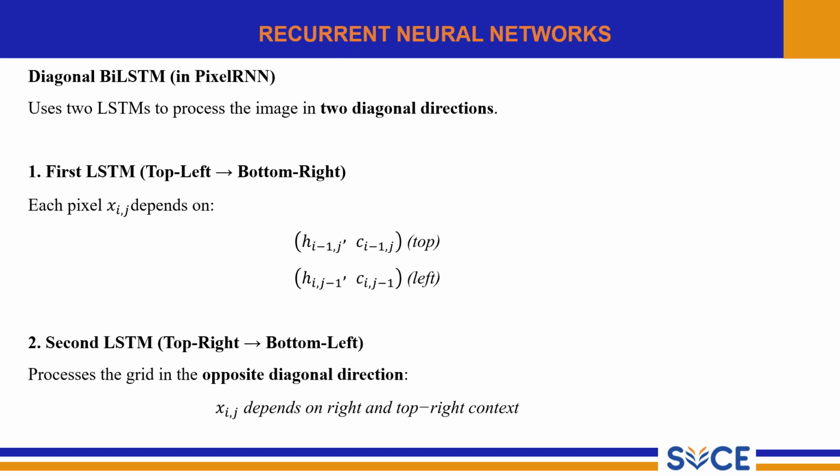So the main idea behind the diagonal BiLSTM is that instead of thinking in rows or columns, the model thinks in diagonal flows of information, which naturally combine both vertical and horizontal dependencies. This helps PixelRNN capture long-range spatial dependencies, improve image generation quality and produce more realistic and structured images.